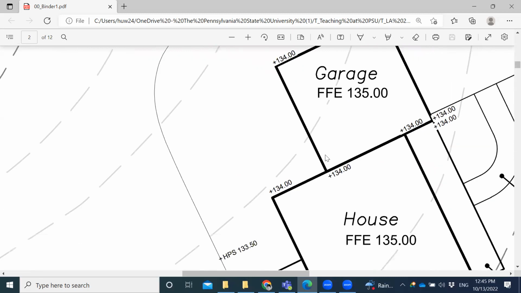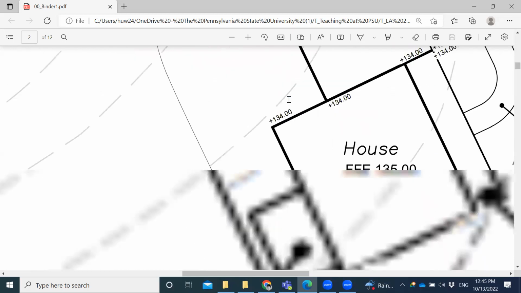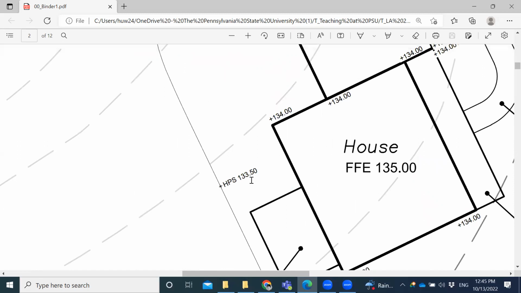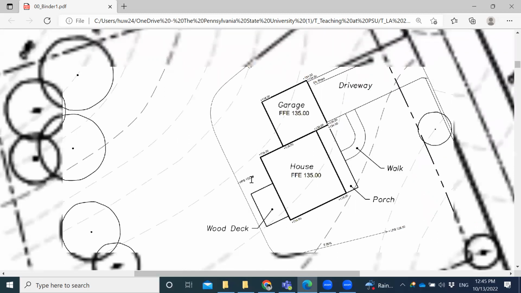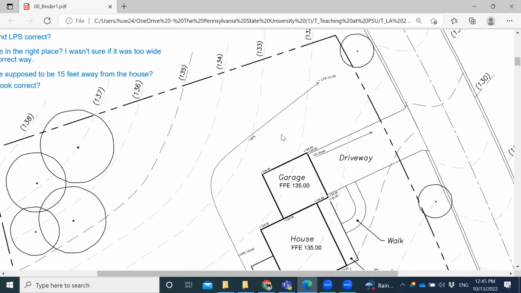So these spots, the garage corner, can be the same as your garage FFE, meaning that they can be 133.5 or 134.5, meaning that your HPS doesn't need to be as low as 133.50, okay? And that's a way for you to raise your HPS, so your slope would be above 2.